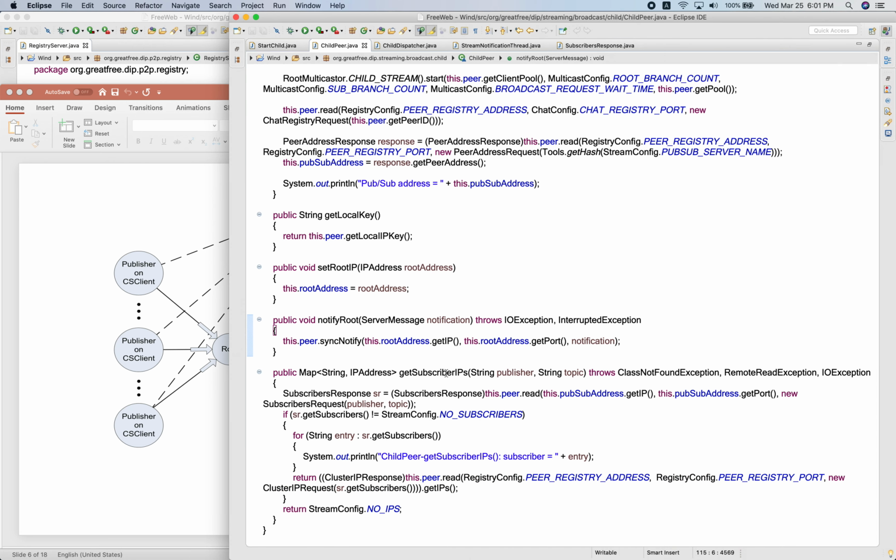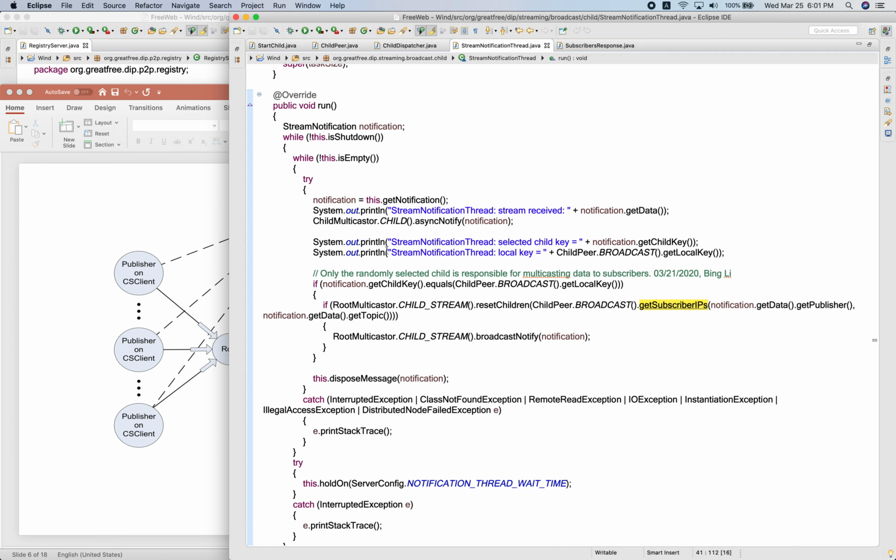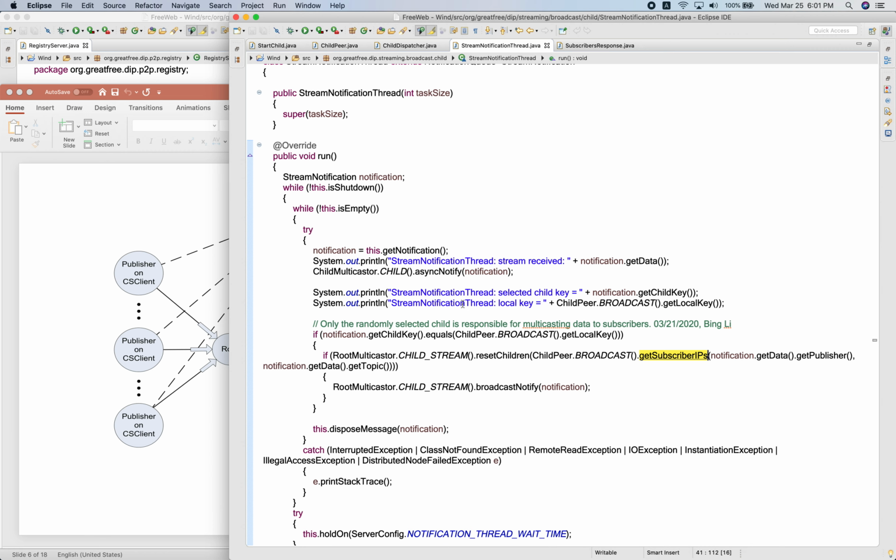So when one new data, that means one new stream, is received, this randomly selected child needs to access the pub sub server first, and then access the registry server next for each newly received stream. So that means polling.